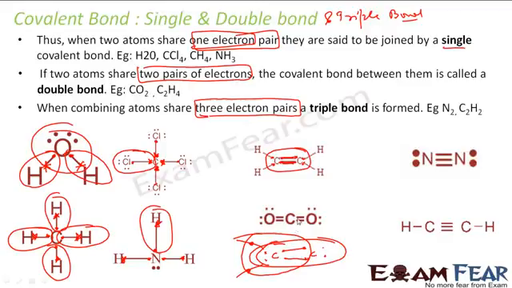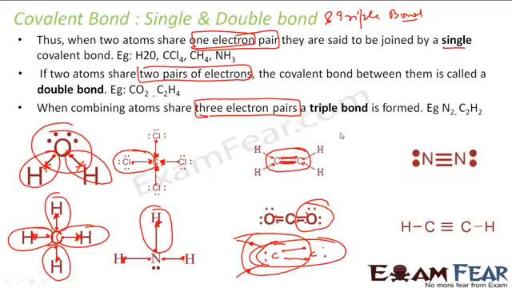Here also, 2 electron pairs are shared. See, oxygen had 6. For oxygen to get a complete octet, it will take 2 electrons from carbon. Right? So 2 electron pairs are shared between carbon and oxygen. So it's a double bond.